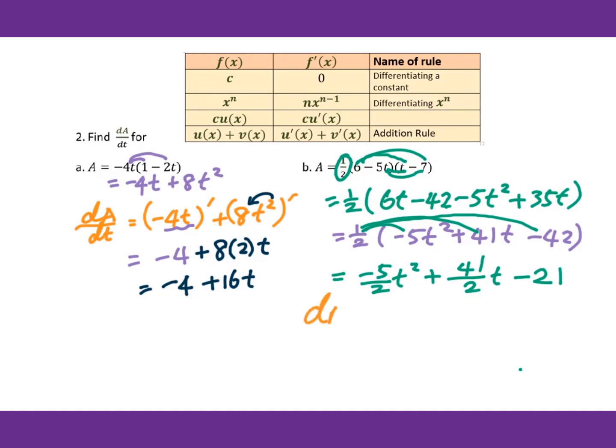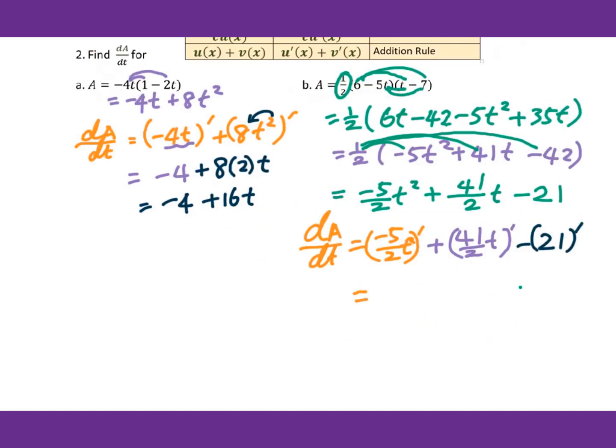Then dA by dt equals negative 5 over 2 t squared, we do derivative, plus 41 over 2 t, we do derivative. Then minus 21, we do derivative. You will get here negative 5 over 2.